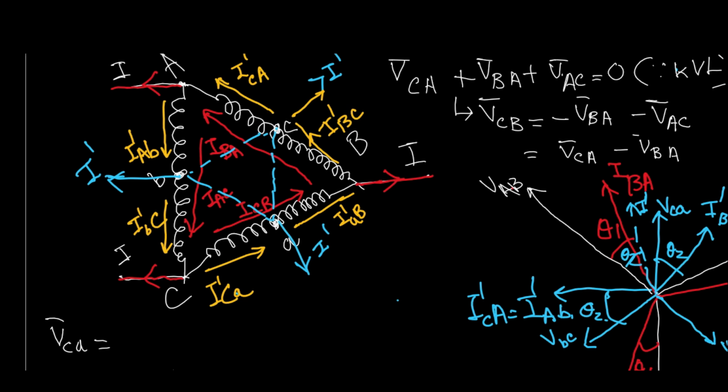First VCA plus VAB plus VBC. So it would be like VCA minus VAB minus VBC.